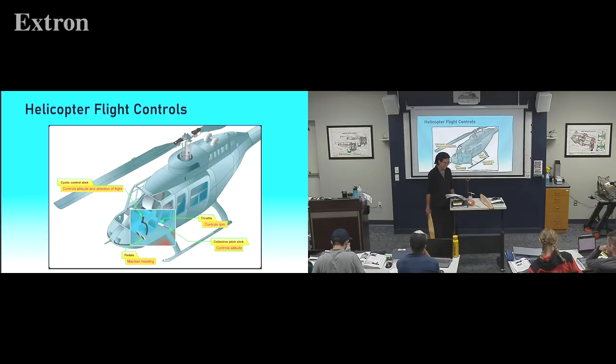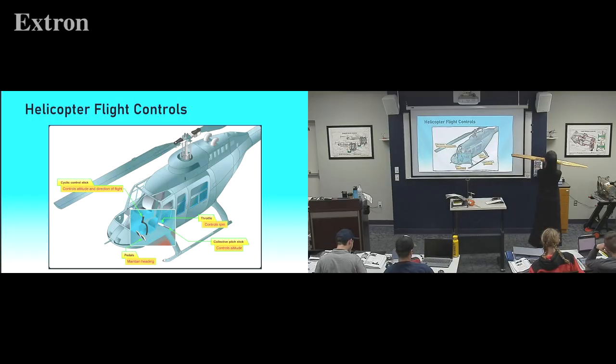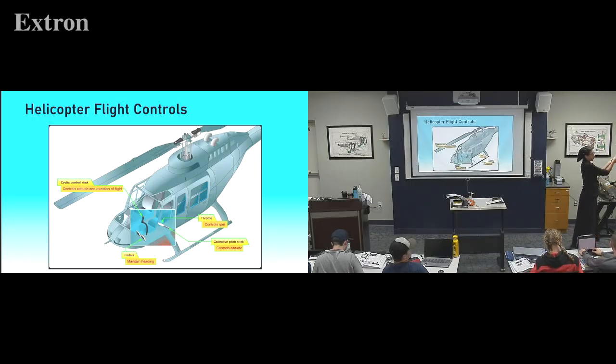The cyclic changes the pitch of the blades individually, so you can have more lift on one side or less on the other side, or it'll tilt the whole plane of rotation of your rotor head. So it's rotating like that to help you go off in whatever direction you please.